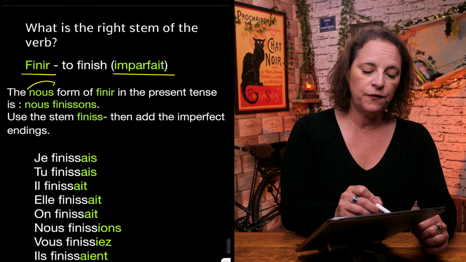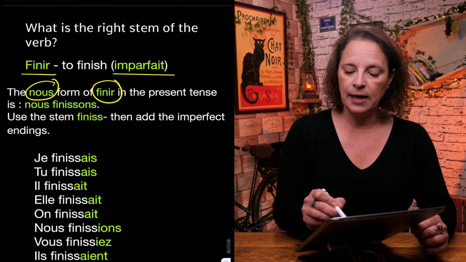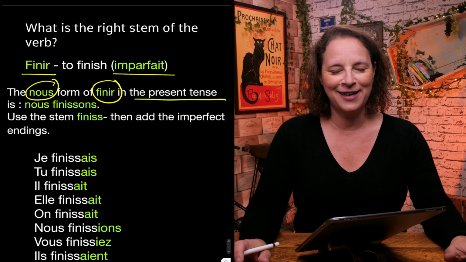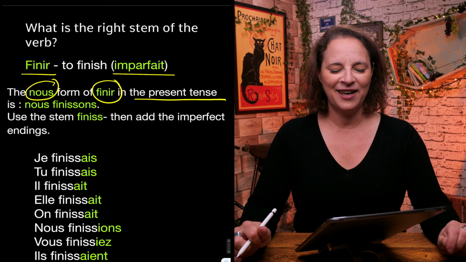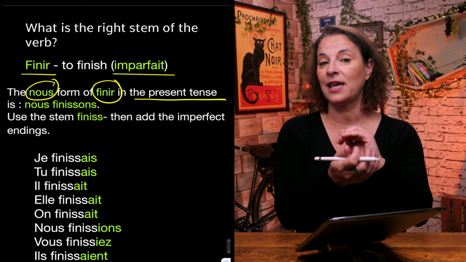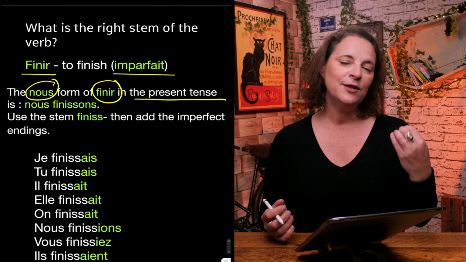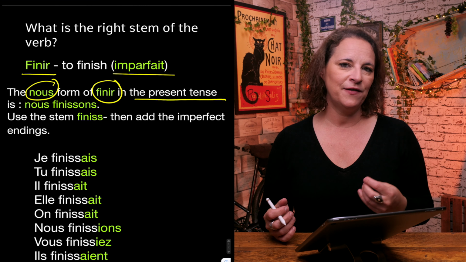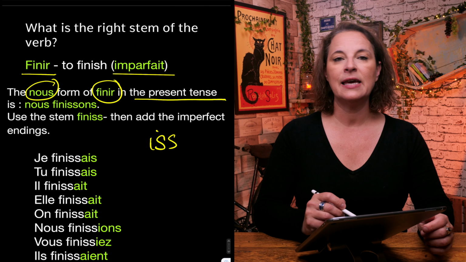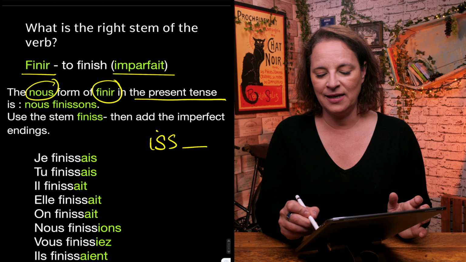You use the nous form of finir in the present tense. I know what you think. You need to know how to conjugate finir in the present tense in order to get that stem.